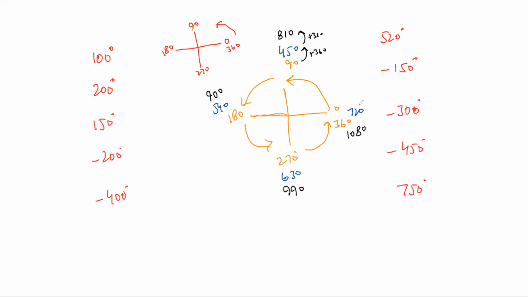So this way you can determine the angles; these are the key points. Now we have 100 degrees, so I am very clear that 100 degrees is going to be somewhere here. This much is 100 degrees. So what is the basic angle and which quadrant is it? 80 and second quadrant. Yes, if this is 100 degrees, this is going to be 80 degrees in the second quadrant.